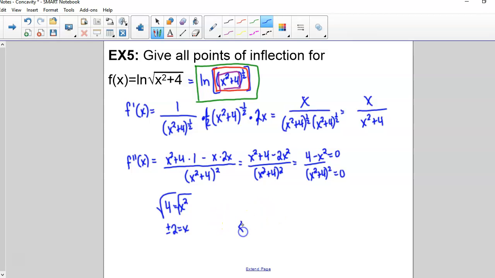So if we make ourselves a chart, we really only have to look at the top part of the function because the bottom part is always positive, so it doesn't change anything. If I plug in a number below negative 2, like negative 3, 4 minus negative 3 squared is 4 minus 9, and that gives me a negative number.